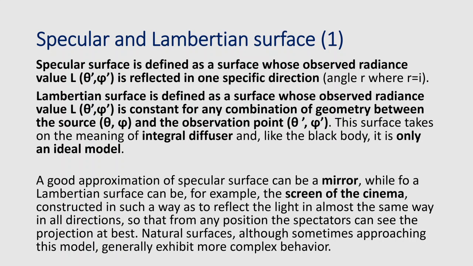So we mentioned the fact that in the specular surfaces, the energy is reflected in one specific direction with an angle of reflection that is the same with respect to the normal of the point to the incident angle, while for Lambertian surfaces, the reflection mode is totally independent from the incident angle of the energy.